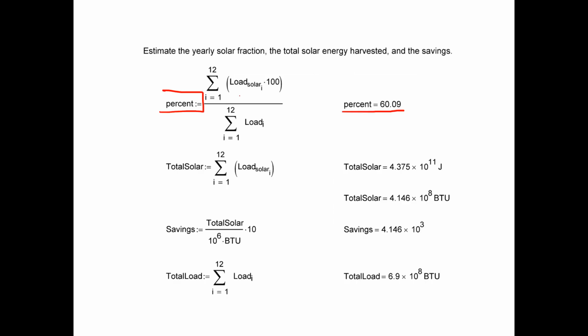So basically, you would take the load from the solar collector and divide it by the total load over the course of the year, right? And then you would get your percentage. And then you can use those numbers based on the cost of gas and look at the total savings. In this case, a yearly savings would be about $4,000.